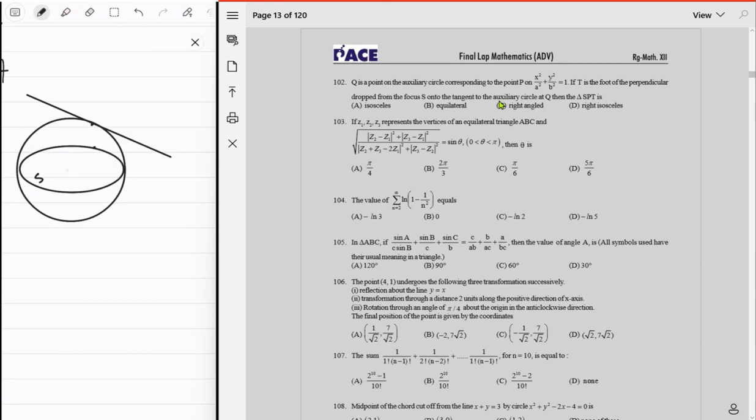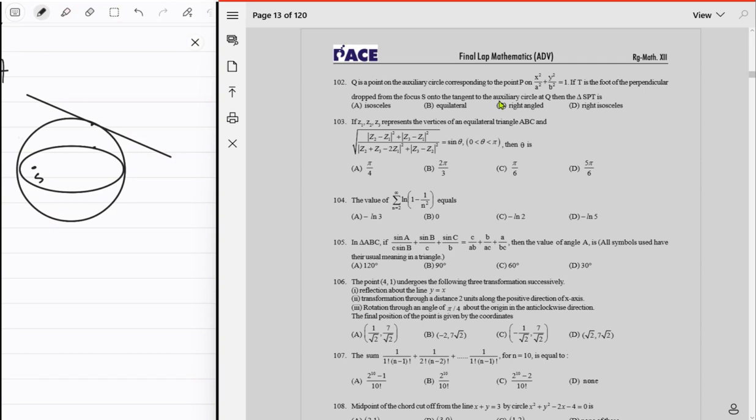Our S will be somewhere over there. It should be perpendicular to this, right? But the slope of the tangent here will be different, so that doesn't make any sense.